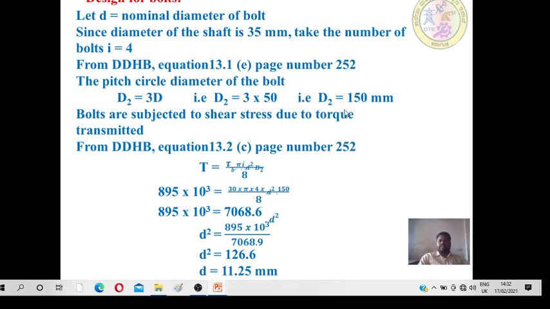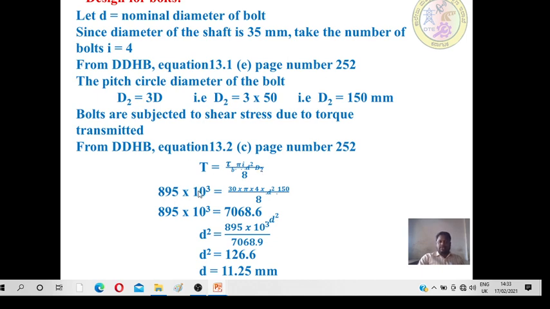If you substitute that, we will get 150 mm. And now the bolts are subjected to shear stress due to torque transmission. Therefore, from data handbook, we have this equation: T equal to tau b into pi into i into d square into d2 divided by 8.